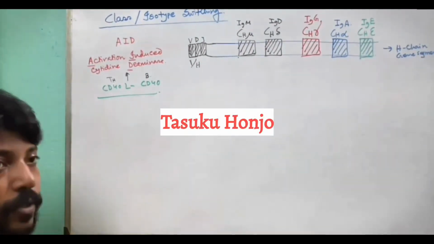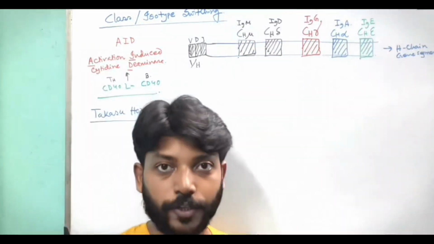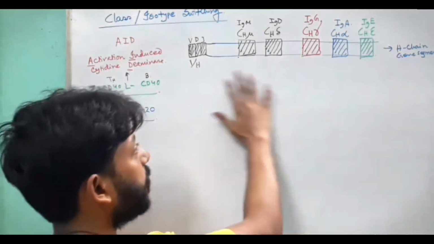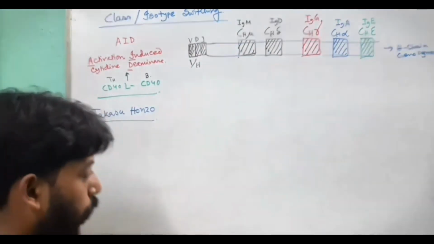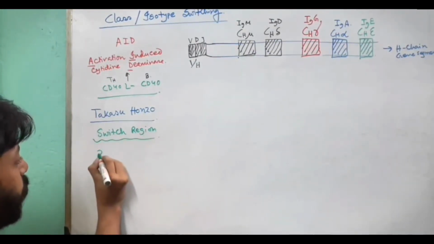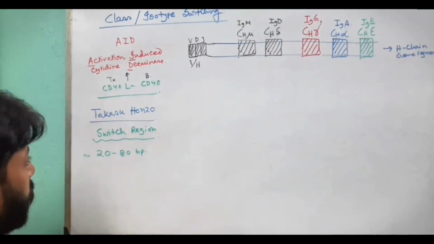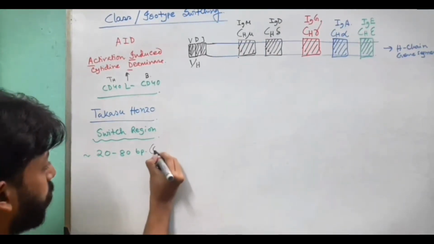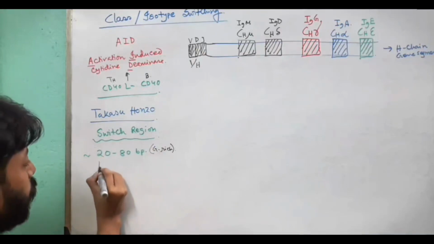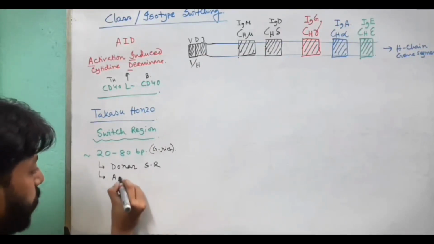The scientist Takasu Honjo found that there is some region present in this gene segment called the switch region. They found some DNA segments of approximately 20 to 80 base pairs, and this switch region is a G-rich sequence, and they call this switch region into two: one is called the donor switch region and another the acceptor switch region.